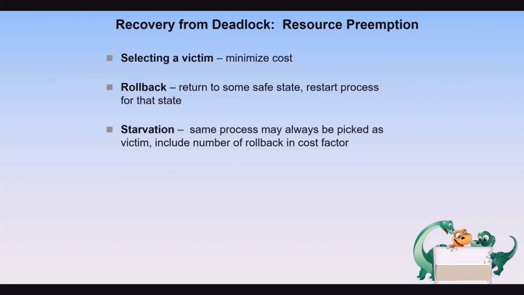Resource preemption is another solution: take resources away from a process. Again, which process should you use? How can you roll back that process to its state before it had the coveted resource? Make sure that you don't keep on preempting from the same process, to avoid starvation.